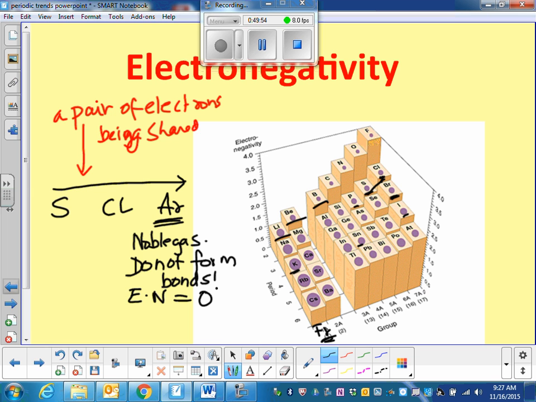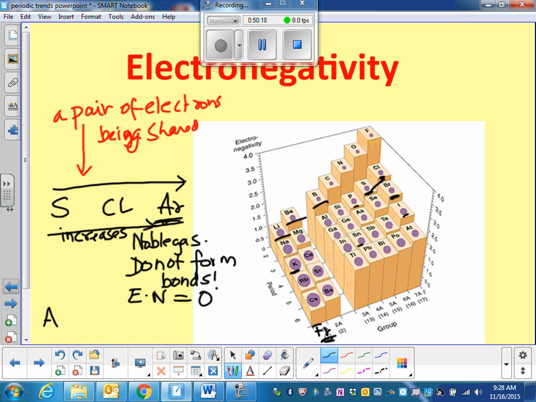Now, I'm asking you to arrange from the least to the most. Even though they run across a period and it increases going across, can I choose this to be the most electronegative element? That's just wrong because it's a noble gas.